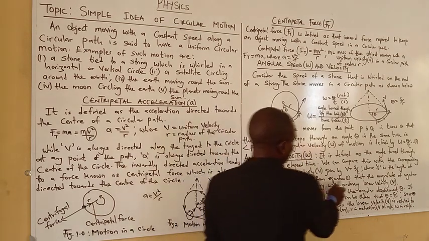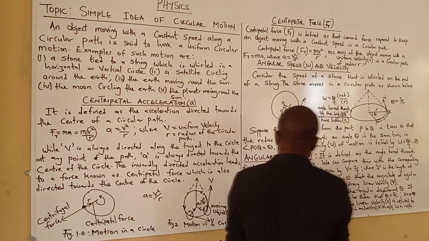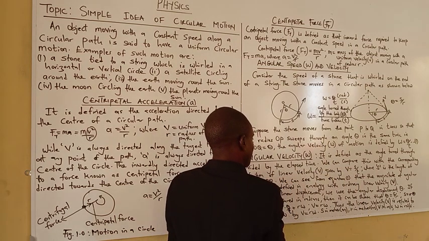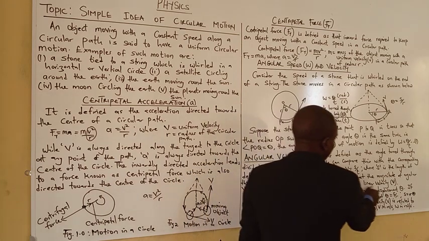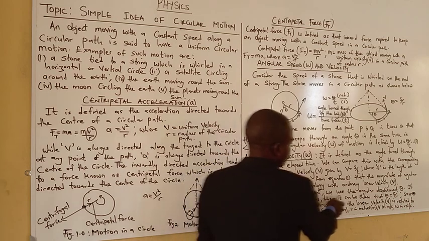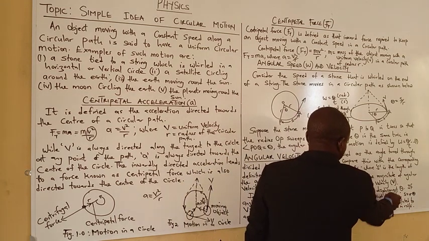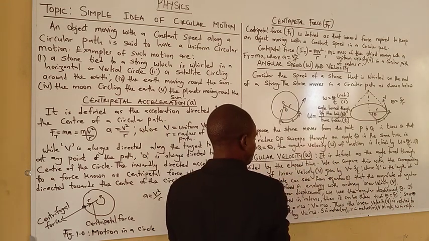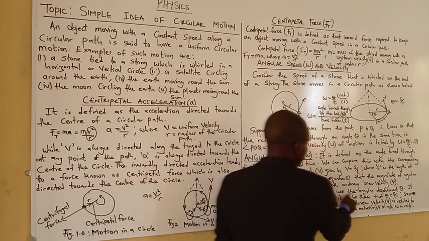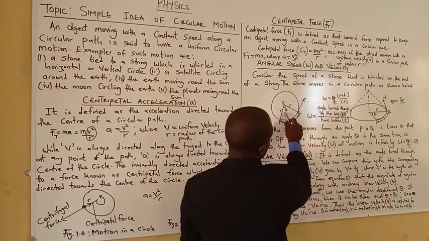We can see from equation 1 that the magnitude of angular velocity W is defined in analogy with the ordinary linear velocity v. Instead of linear displacement, we use the angular displacement theta. Is that okay? Instead of linear displacement, which we know as the normal s, we now use angular displacement. We use this theta.